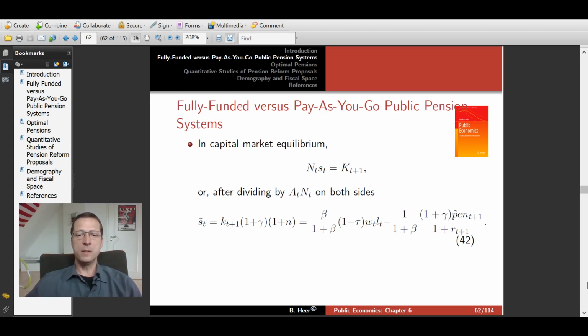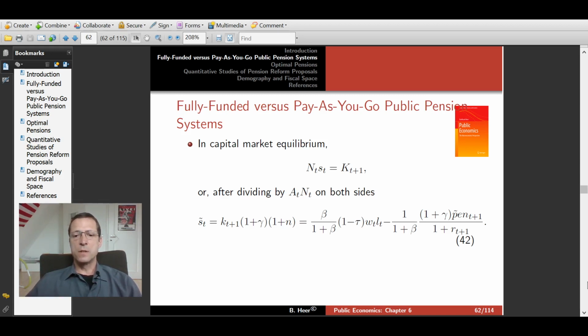Tilde s_t, the savings in period t, is equal to k_t+1 times 1 plus gamma times 1 plus n. And we have derived the stationary savings tilde s_t on the right-hand side of equation 42 above.